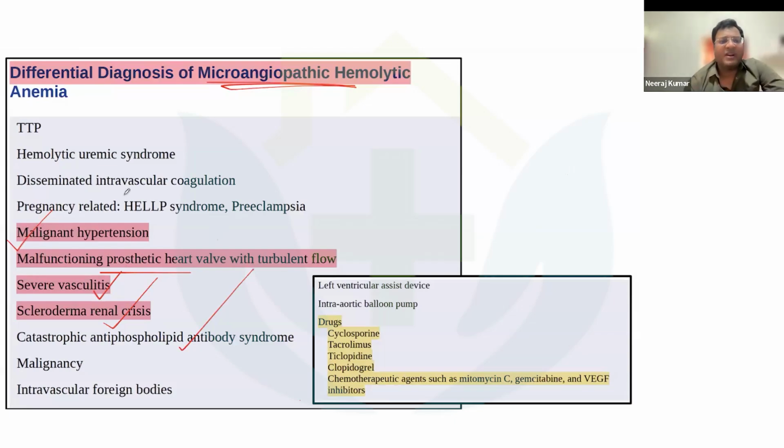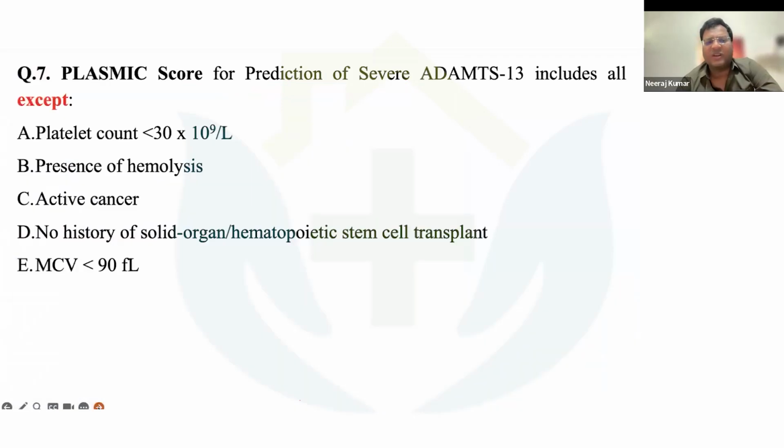If the patient has DIC, HELLP, or is taking cyclosporine, ticlopidine, clopidogrel, gemcitabine, mitomycin C, or anti-VEGF inhibitors, all these patients can have microangiopathic hemolytic anemia. Many times, if you are using a left ventricular assist device, LVAD, or an intra-aortic balloon pump device, the patient may have features of microangiopathic hemolytic anemia. So this is again a one-liner fact-based question that you have to remember.